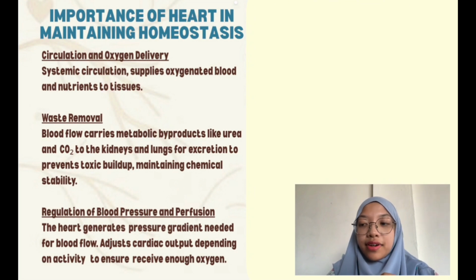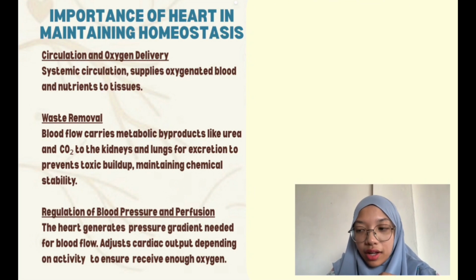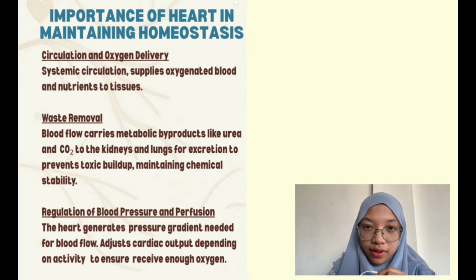Blood carries metabolic byproducts like urea and CO2 to the kidneys and lungs for excretion to prevent toxic buildup, maintaining chemical stability. And lastly, the regulation of blood pressure and perfusion. The heart generates the pressure gradient needed for blood flow and adjusts cardiac output depending on activity to ensure we receive enough oxygen.